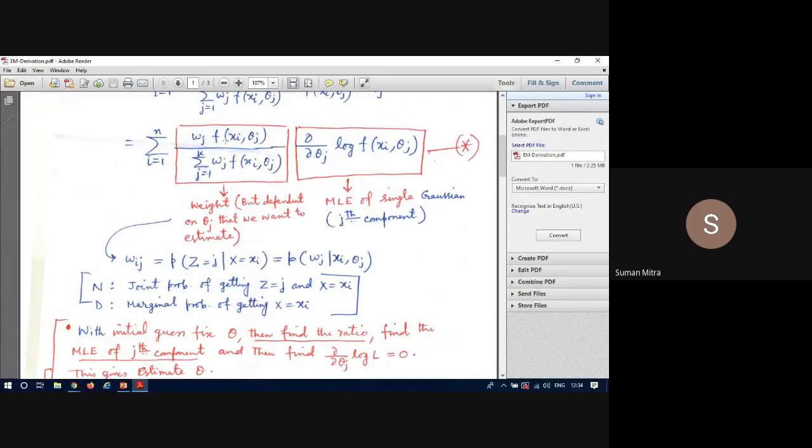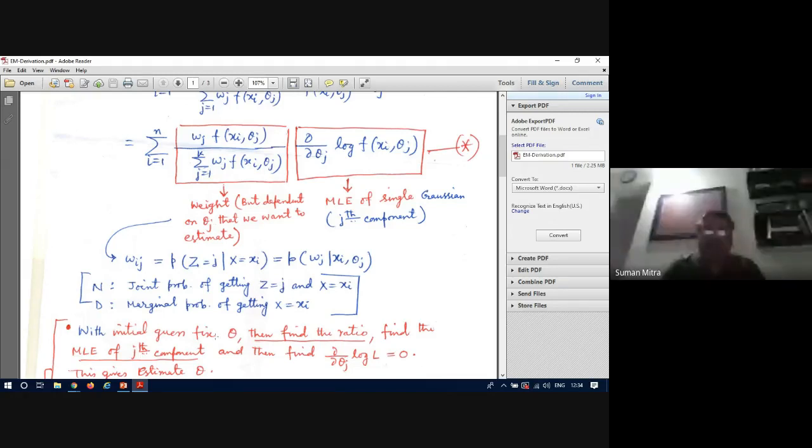What is the numerator value? The numerator value is the joint probability of getting z equal to j and x equal to xi. And the denominator is summing up over j, so it is the marginal probability of getting x equal to xi, because we are already summing up over z equal to j. That means the marginal.